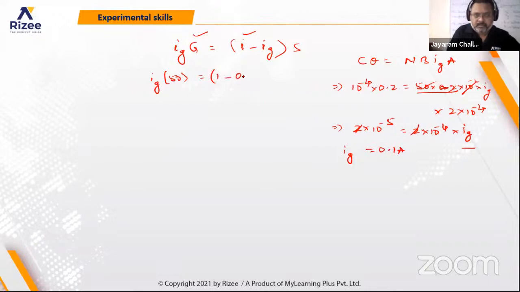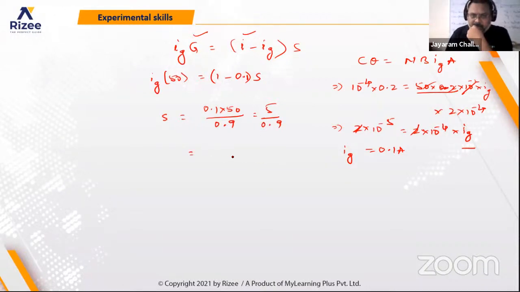Substitute 1 minus 0.1 into S. So S is equal to 0.1 into 50 by 0.9. Okay, so this should be your answer. So obviously it will be 5 by 0.9 we need to calculate. So now if I solve this one, it will be how much, sir?